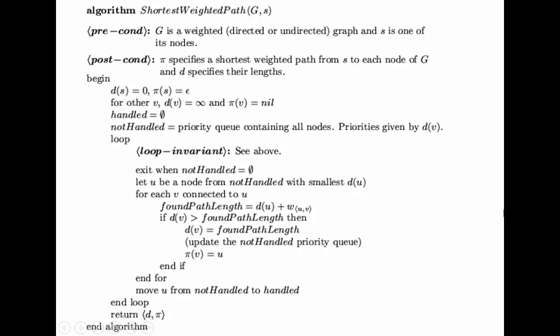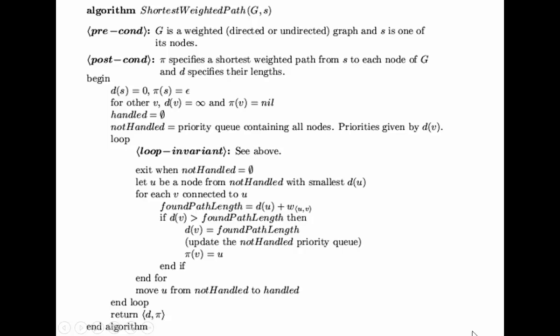So then what does the algorithm do? Well, it takes not the highest priority, it takes the guy with the lowest d value, right, and handles it. So who does it handle first? Well, S has a d of 0, so that's who it handles first, right?